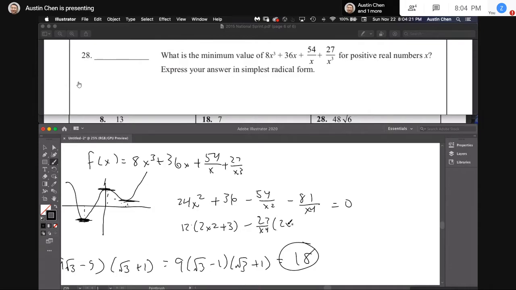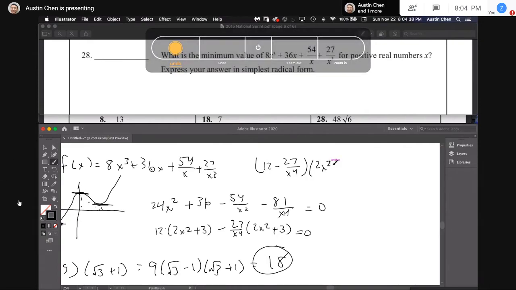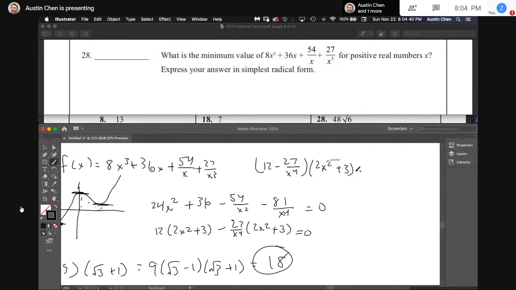So we have two 2x squared plus 3's, and then we have 12 minus 27 over x to the fourth times 2x squared plus 3, and this equals 0.